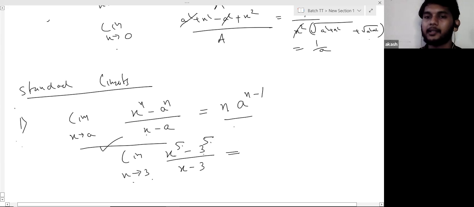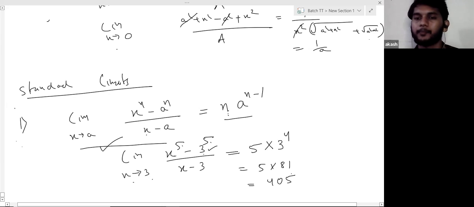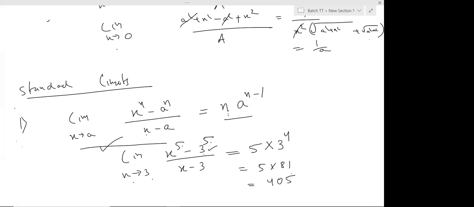So we can directly write n, the power, into the number raised to the power minus 1, that is 4. So 5 into 3 raised to the power 4. What is 3 raised to the power 4? 81. All right. So 405 is the answer.